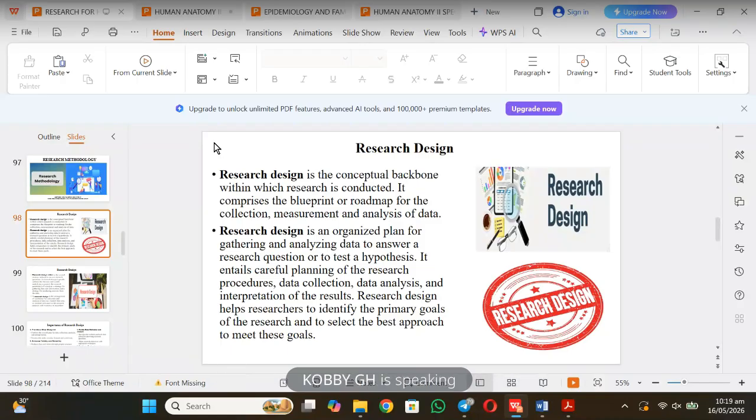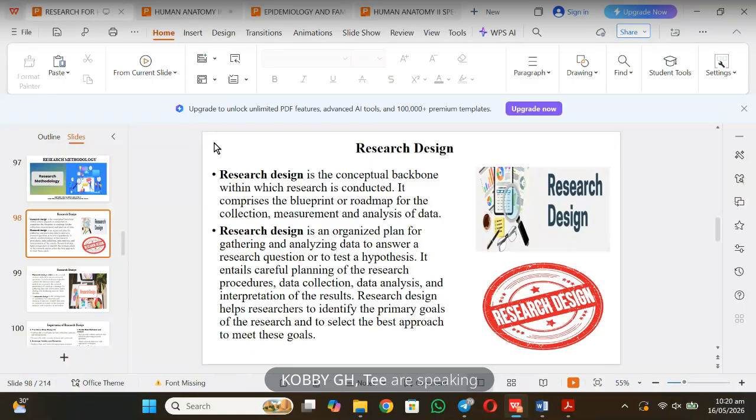So for qualitative studies, anytime you want to do a study to understand the experiences of people, that is one. Two, you want to do a study to measure and understand the behavior of people.